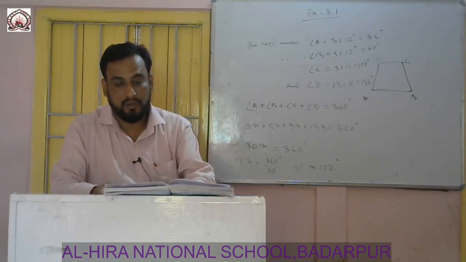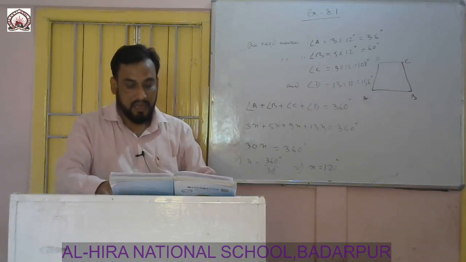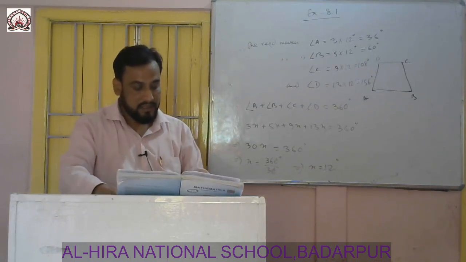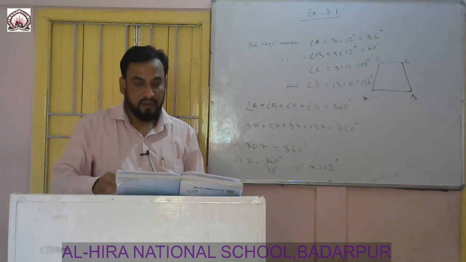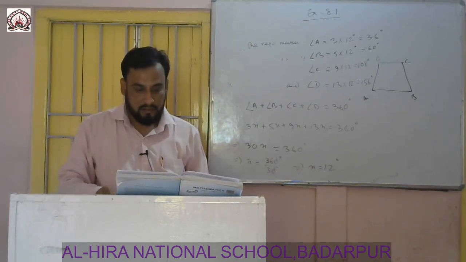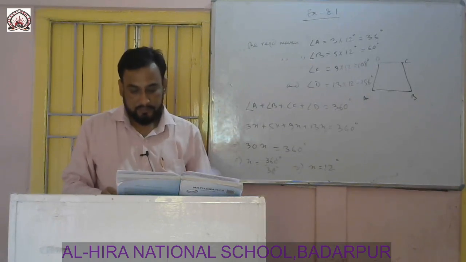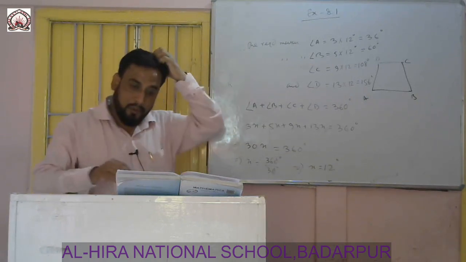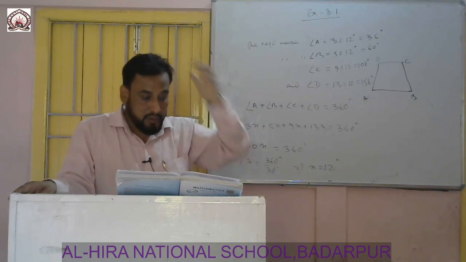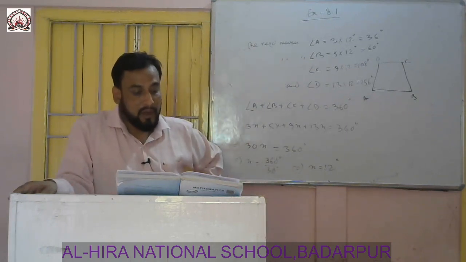Due to lack of time, I could not complete the questions, but I can give some hints. In exercise 8.1 question number 2: if the diagonals of a parallelogram are equal, then show that it is a rectangle.